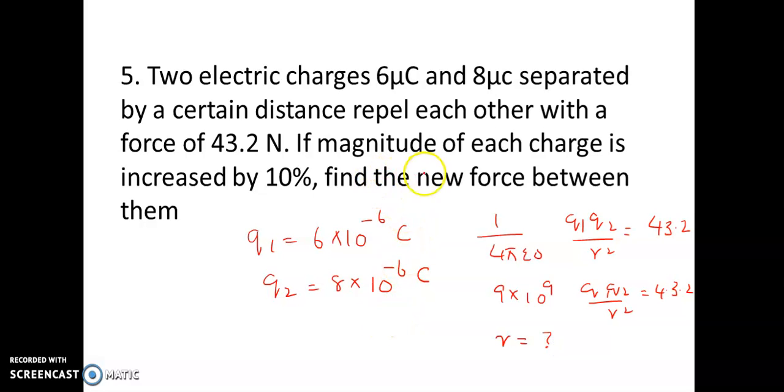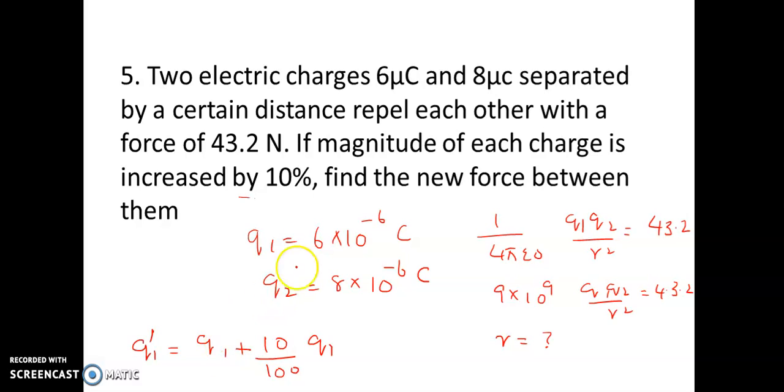Then the magnitude of each charge is increased by 10%. അപ്പോൾ ഇവിടെ by ആണ് ഇൻക്രീസ് ചെയ്തത്. അപ്പോൾ Q1 new charge is Q1 prime is equal to Q1 plus 10% of Q1. Increased by ആണ്.